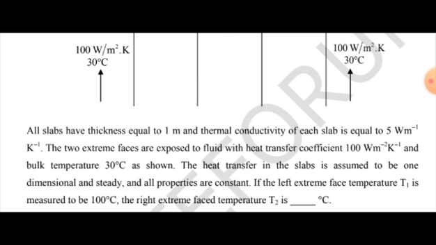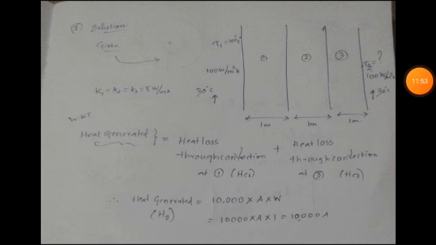Okay, now I have solved this question. I will show you now. You can see the answer on the screen. We have to know the basic formula here, that is, how much heat is generated here will be equal to the amount of heat leaving the system.